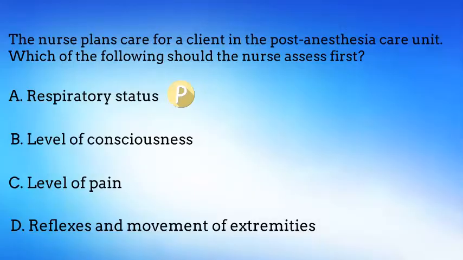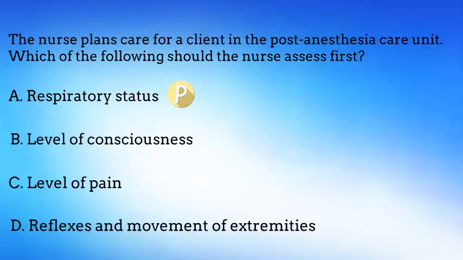Lastly, we have reflexes and movement of extremities in option D. This would fall under safety. Remember, we talked about safety during or after procedures, and here we would be checking to see if the patient is not suffering any neurologic issues from the procedure or anesthesia. Therefore, respiratory status still remains our priority.